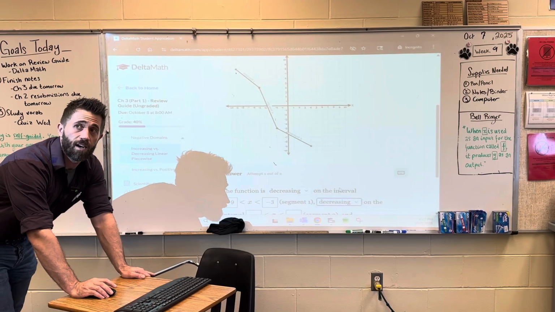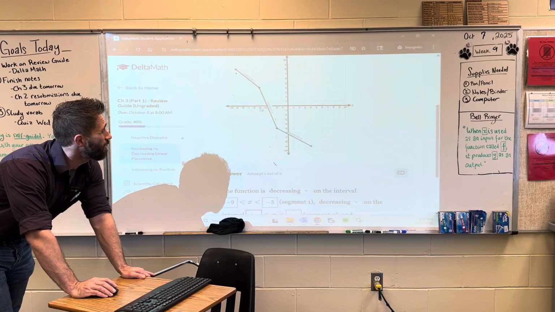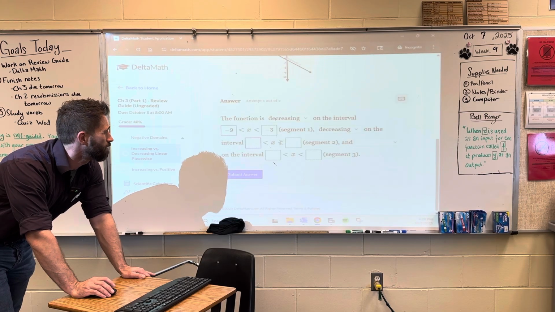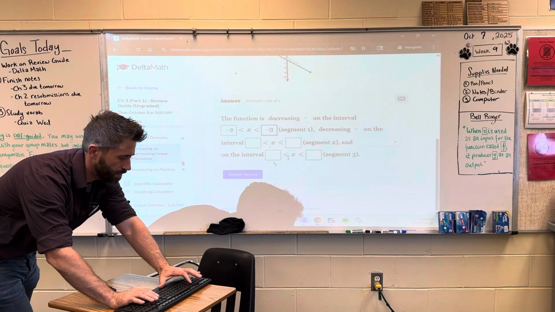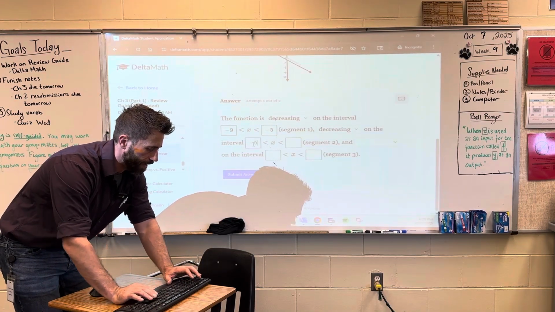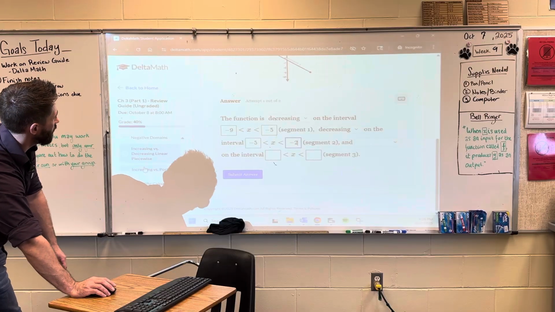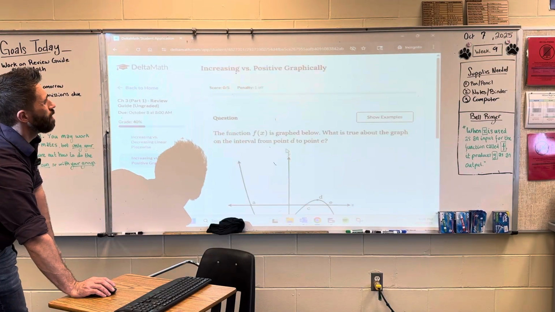It's decreasing on the second segment, which is from -5 to -2. Oh, that's not a 3, that's a 5. So the function from -5 to -2, and we would input our answers like that, but we're out of time, so let's jump over here.